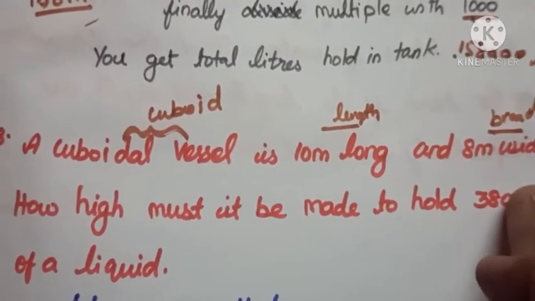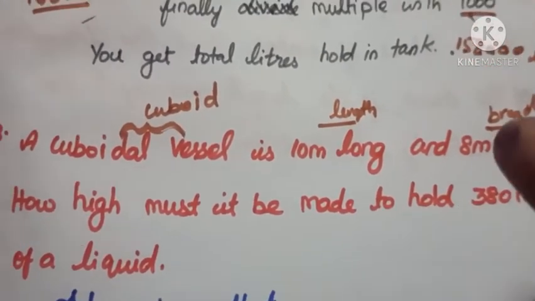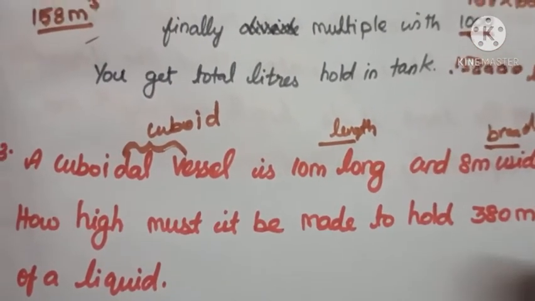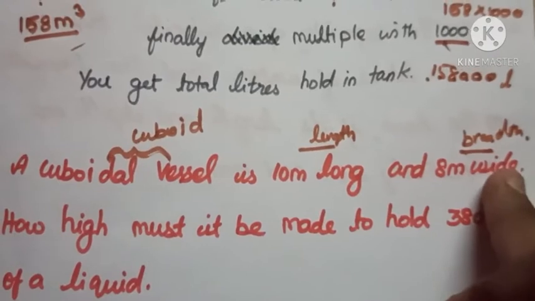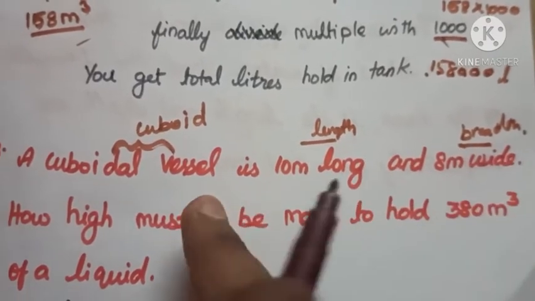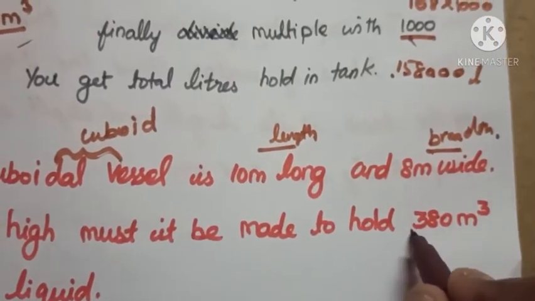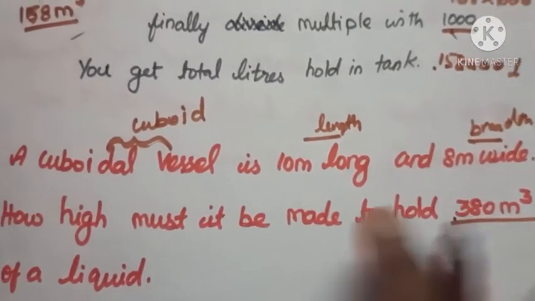So listen, we don't know the height of the vessel, but the long and wide we know. But it holds how much? 380 meter cube of a liquid.